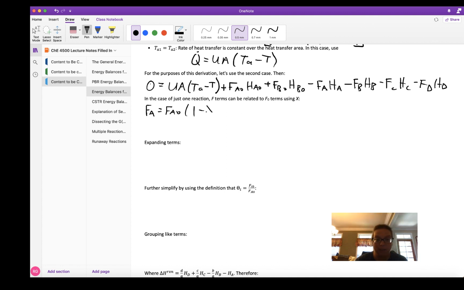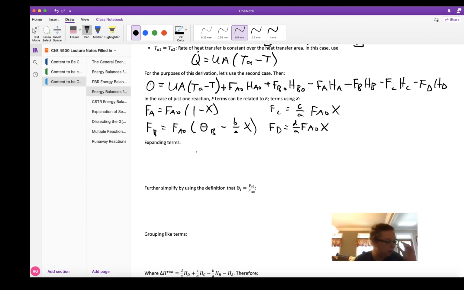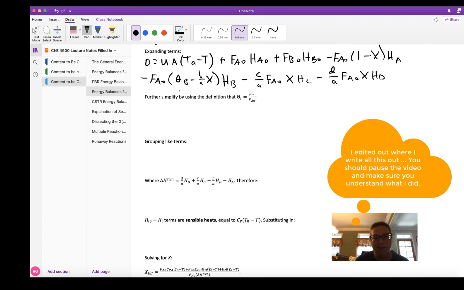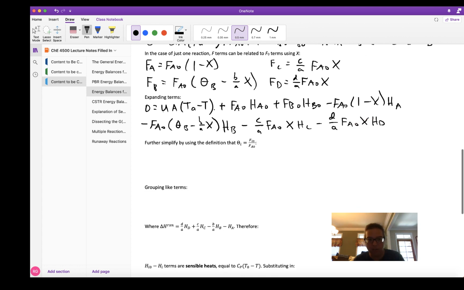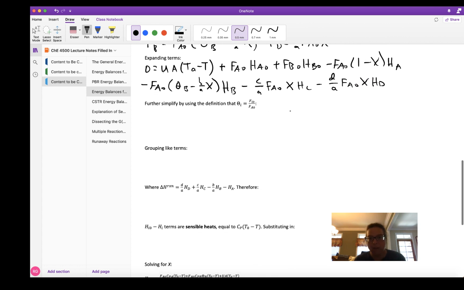So here we're assuming that A is the limiting reactant. FB, and so on. So if we take all of these and substitute them into here, then we get 0. So now I have included these expressions in terms of conversion into the energy balance. Now what I want to do is expand out terms so that I can group x's together. So that's what I'm going to do next.